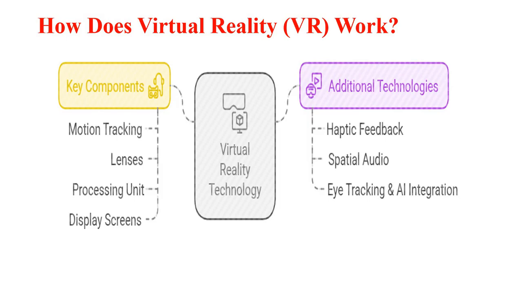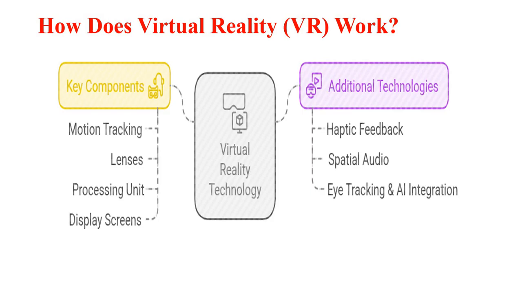The key components which work together are motion tracking with sensors, like the accelerometer, gyroscope, and magnetometer, which detect the user's movement, head position, and orientation in real time, and these inputs adjust the virtual environment dynamically in order to match the user's perspective.